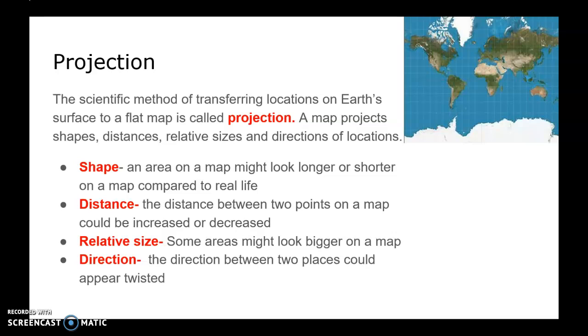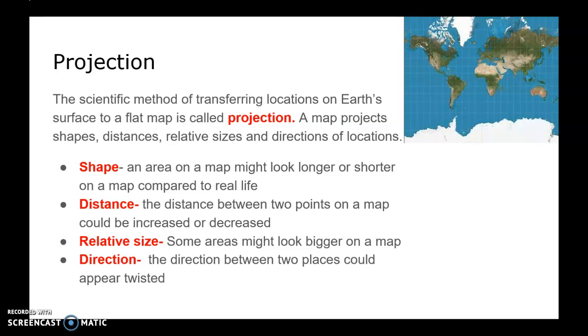Relative size is also something that is going to look different on a map. Some areas might actually look a lot bigger on the map. And so when you're comparing continents, for example, or certain land masses, one may look considerably larger than the other. And then you also have direction.